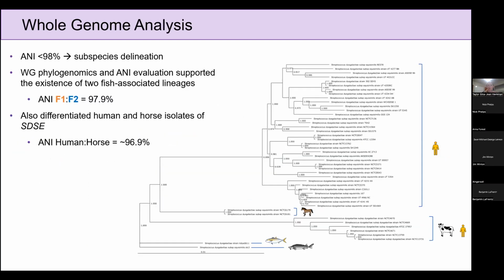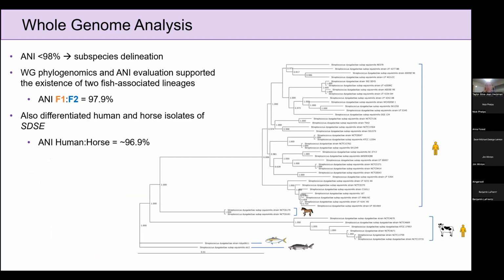So what we found really consists of what we saw for MLSA, which is always a great sign. So in the first group, we have primarily human-associated strains of Streptococcus dysgalactiae subspecies equisimilis. Right? So we can see those form a really nice group.